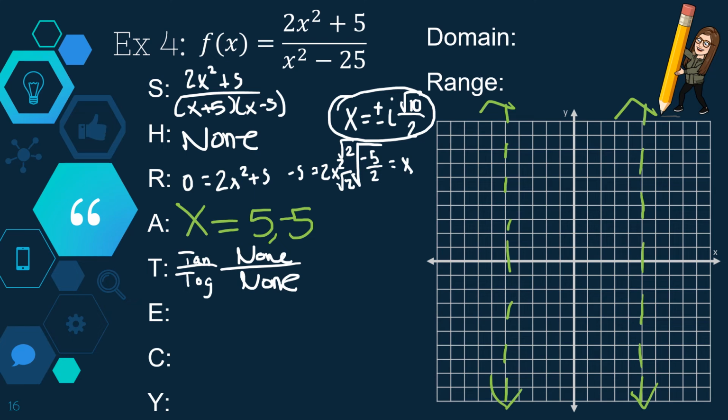End behavior. The degree of my numerator is 2. The degree of my denominator is 2, right? Highest degree. If the degree is equal, then I care about the ratio of the leading coefficients. 2 over 1 creates a horizontal asymptote at 2.